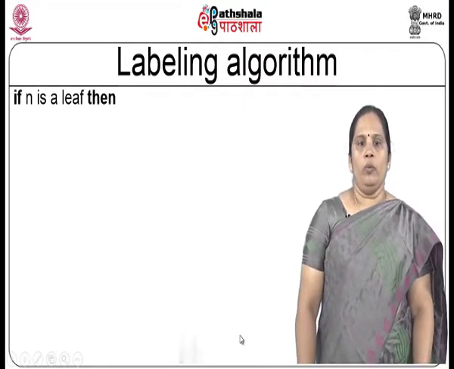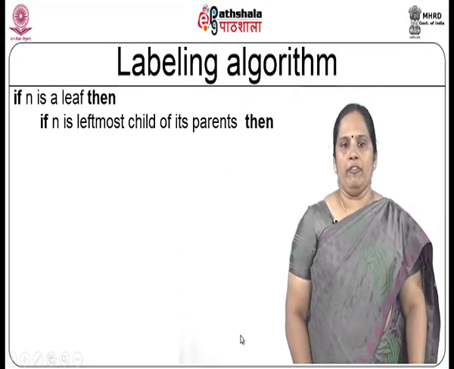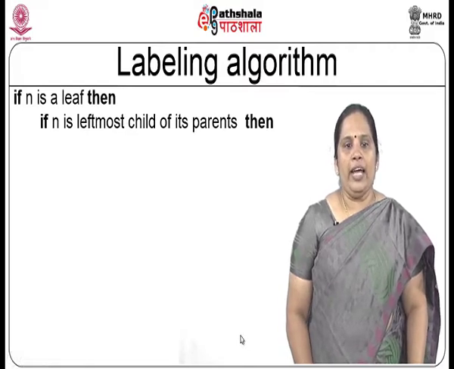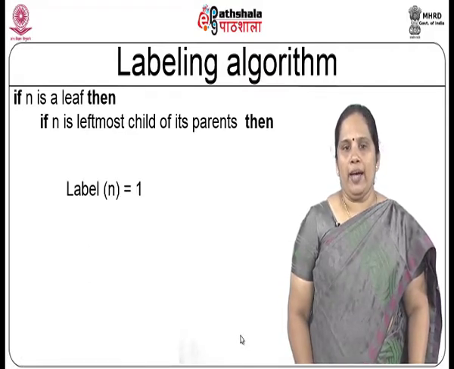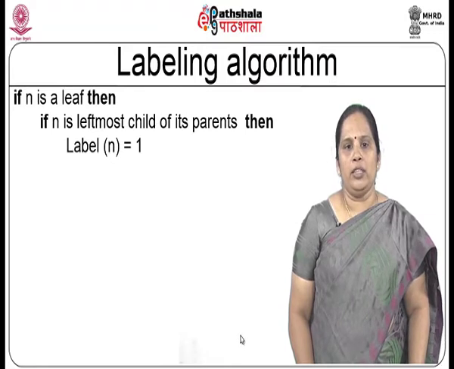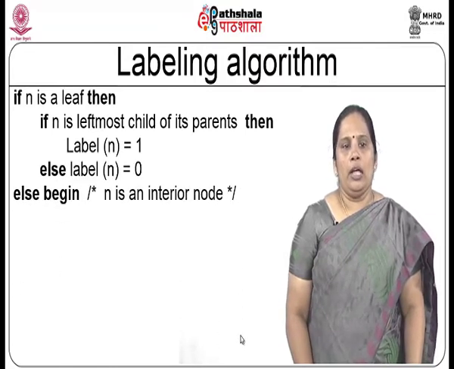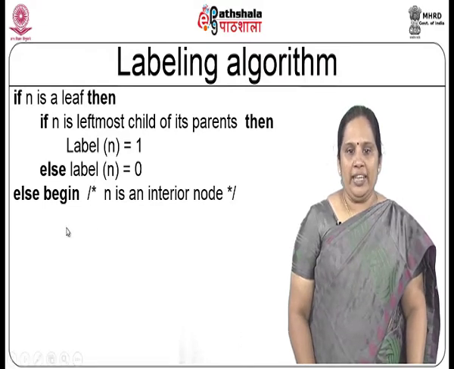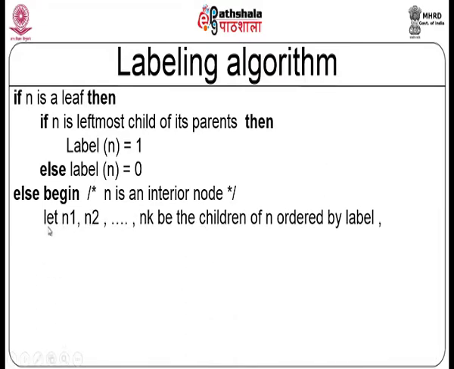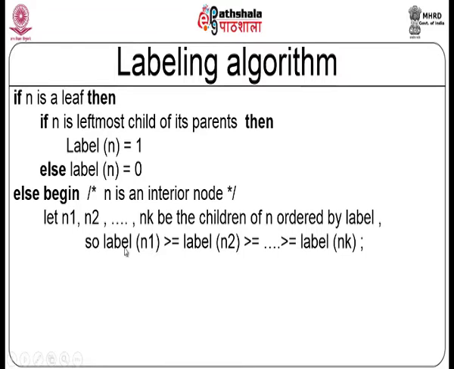Now, this is the algorithm. If n is a leaf node, then if n is the leftmost child of its parent, label of n is equal to 1, else label of n is equal to 0. If it is not a leaf, if it is an interior node, then let n1, n2 up to nk be the children of n ordered by label, so that label of n1 is greater than or equal to label of n2.